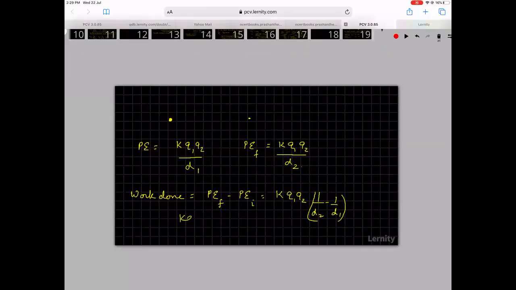So it will become K Q1 Q2 (D1 minus D2) by D1 D2. So in this case, brought closer by 4 centimeters means the final separation will be 6 centimeters.